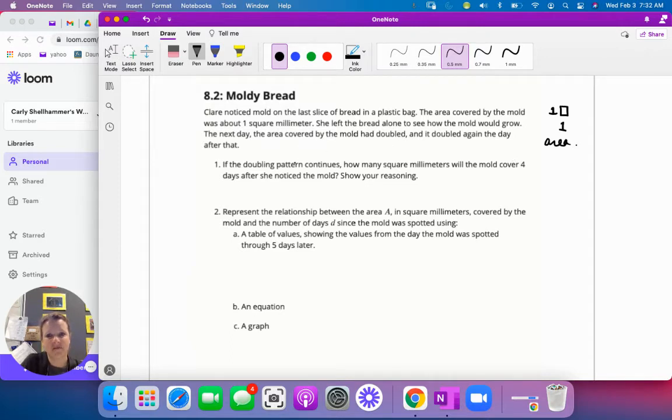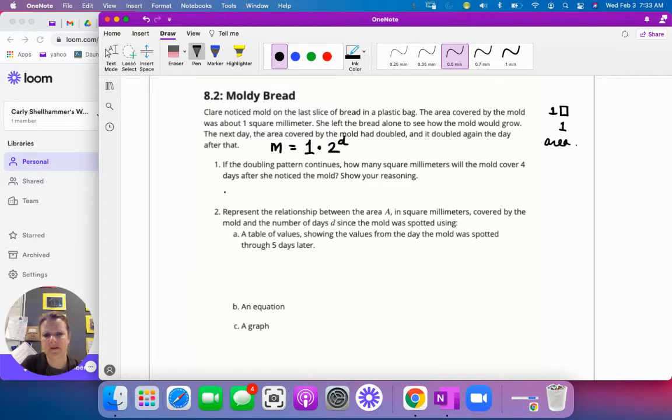So if the doubling pattern continues, how many square millimeters will the mold cover 4 days after she noticed the mold? Show your reasoning. Well, you guys know how to write an equation now. We could say the mold is equal to the initial amount times doubling each day. Okay?